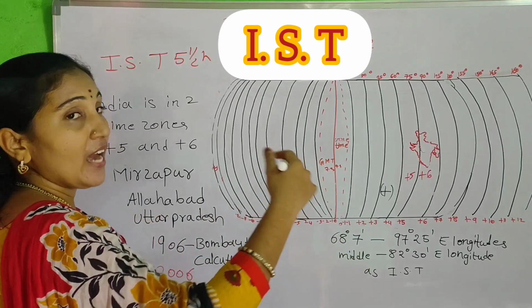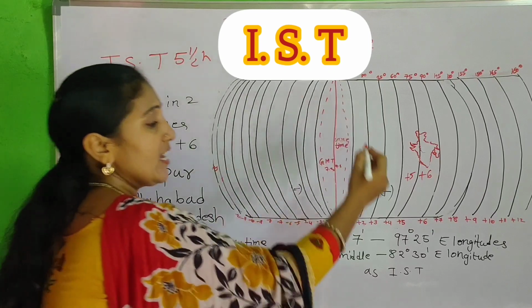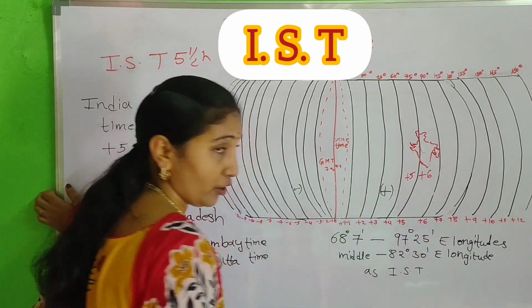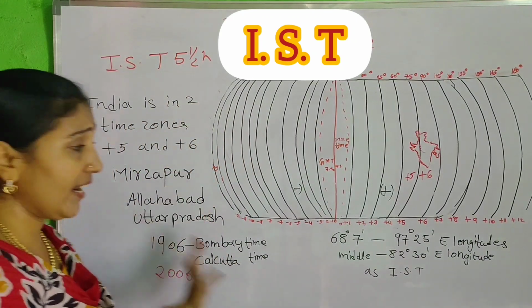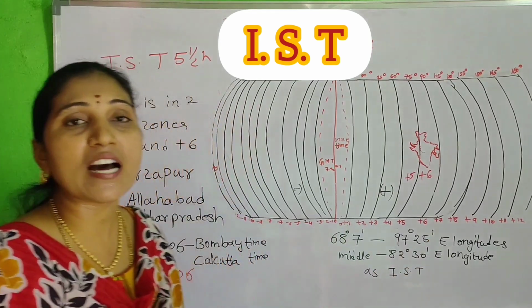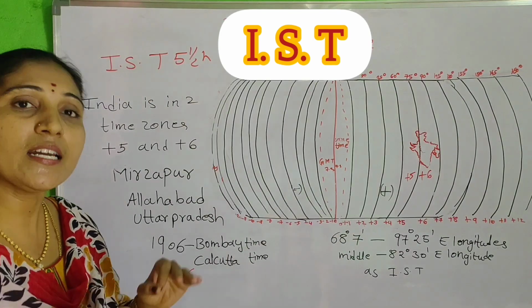Means 5.5 hours. How did we take the 5.5 hours? Exactly from the middle of 68 degrees 7 minutes and 97 degrees 25 minutes east longitude. We decided that 82 degrees 30 minutes east longitude will serve as the Indian Standard Meridian or Indian Standard Time.